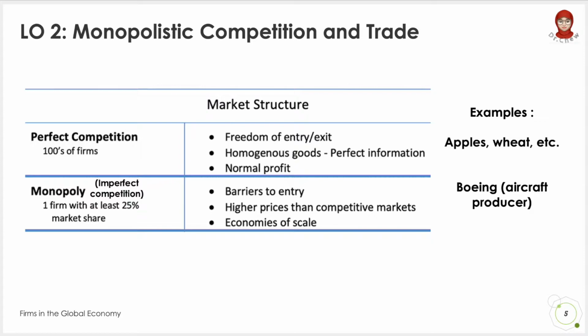Let us now compare perfect and imperfect competition market structures. A perfectly competitive market is a market in which there are many buyers and sellers, none of whom represents a large part of the market. Firms are price takers. That is, they are sellers of a product who believe that they can sell as much as they like at the current price, but cannot influence the price they receive for the product.